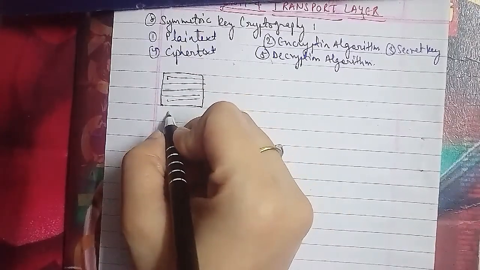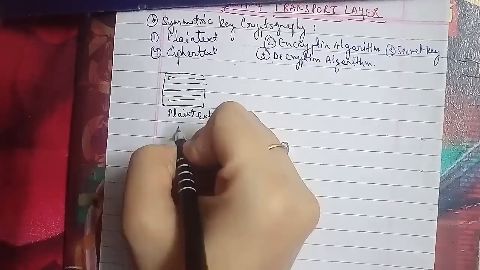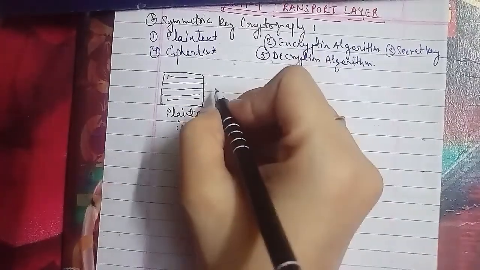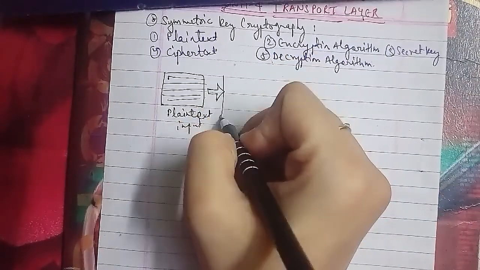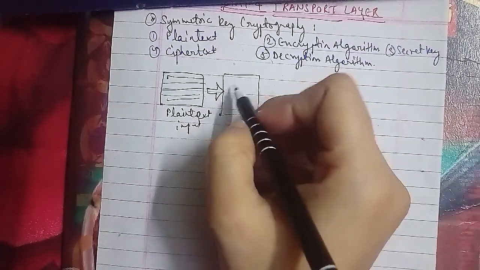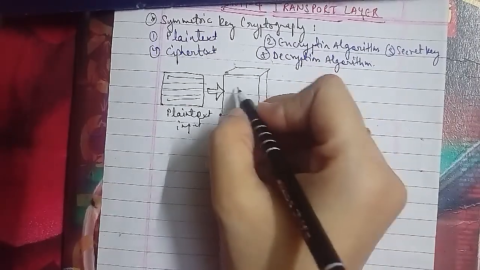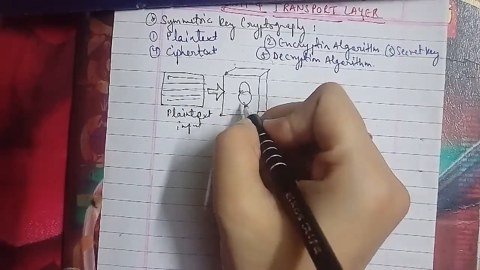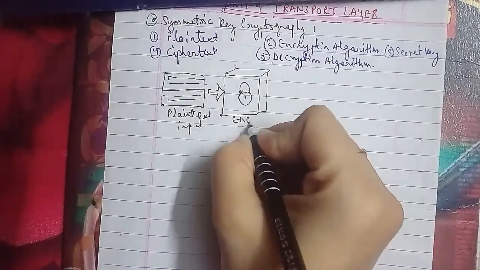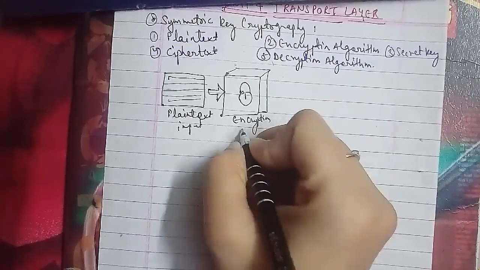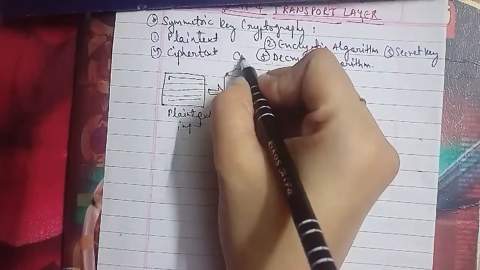This is the plain text input. After this will be your encryption algorithm. And here is a key as well.